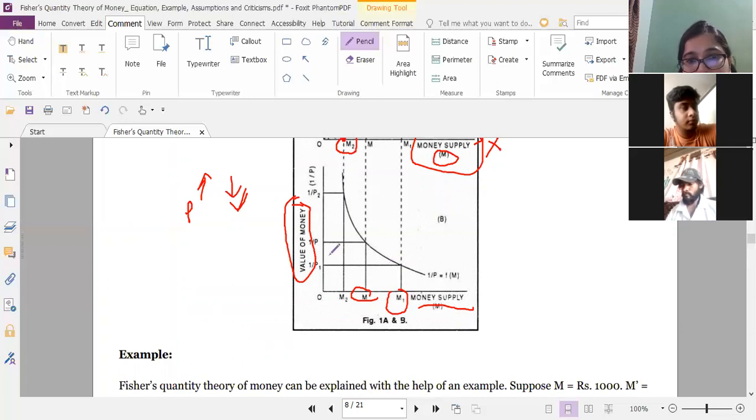Then what happens? The value of money decreases, from 1/P to 1/P1. If we touch this point M1 to the graph, we get this point. When we connect this point to the Y axis, we get P1. So you can see the value of money is decreasing. As money supply is increasing, the value of money is decreasing. So this shows that there is an inverse relationship.